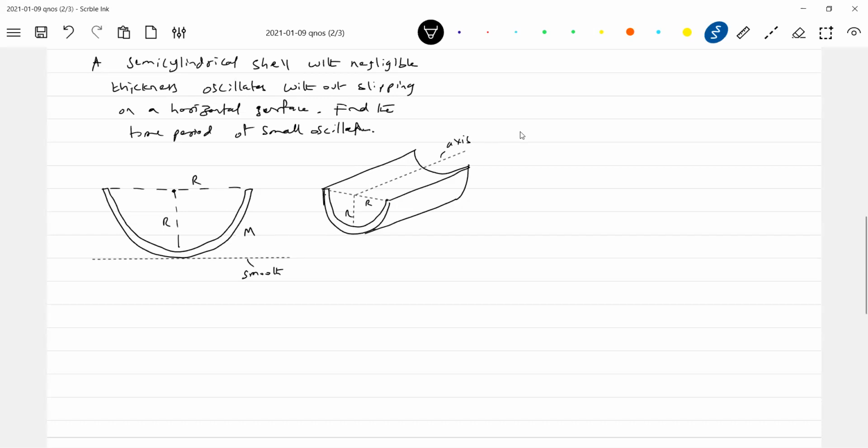Or you can take one paper, make it into a cylinder, keep it, and slightly tilt it, and it's going to execute SHM. In some books, they have made this a hemisphere, or it can be a ring. I just took a semi-cylindrical shell because a ring may topple, it may fall like this. A cylinder will easily tilt.